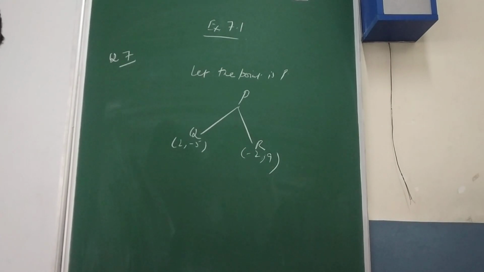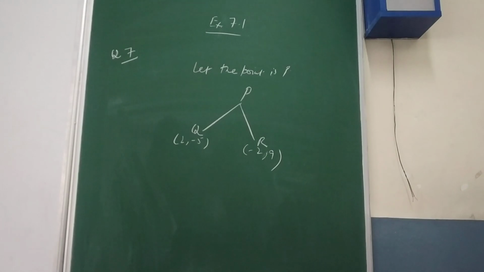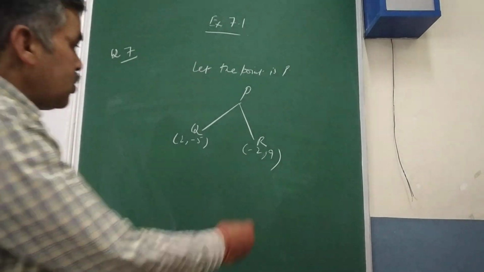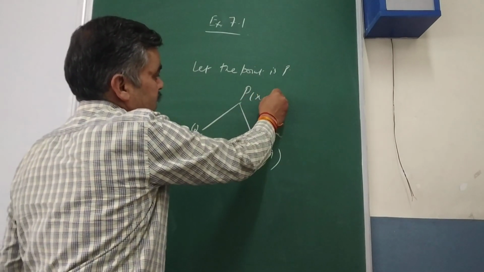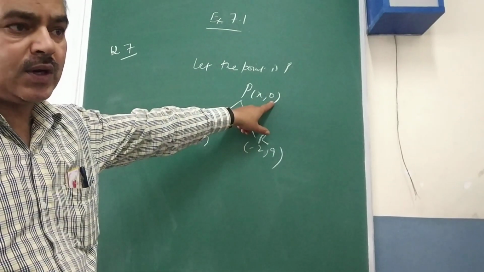So when you start the solution of such questions, you can think of the point on your own and then immediately apply the condition, that on the x-axis y is always 0. So simply write the point as (x, 0), with y known to us already.